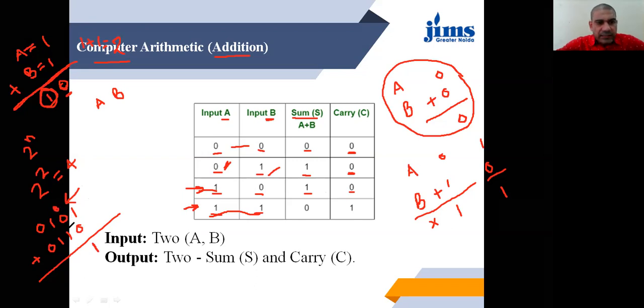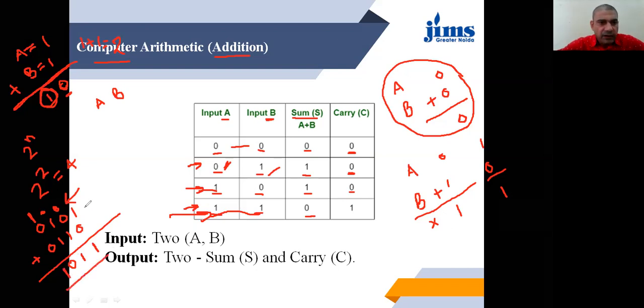When we add 0 and 1, the second case, the sum is 1 and the carry is 0. When we add 1 and 1, the fourth case, the sum is 0 and the carry is 1. The carry we have to add in the next bit, so 1 plus 0 is equal to 1. So this is the summation of these two numbers.